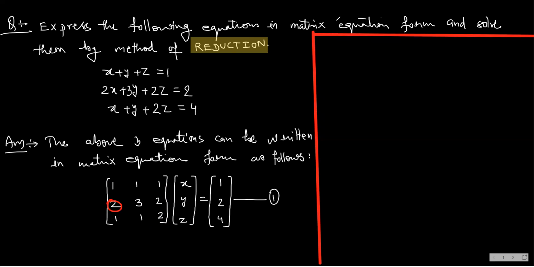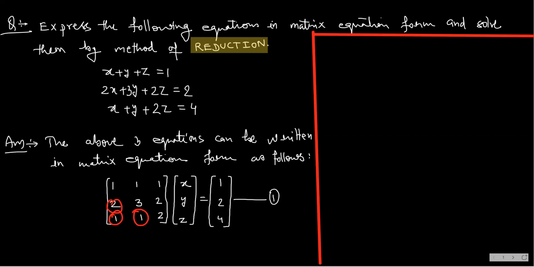Next, what kind of transformation will I be using? Looking at this matrix, I understand that it is a pre-factor matrix. Since it's a pre-factor matrix, I will have to use row transformation for getting zeros here, here, and here.